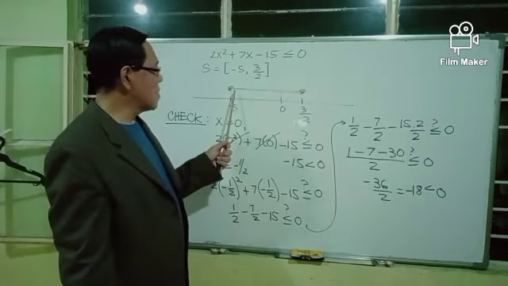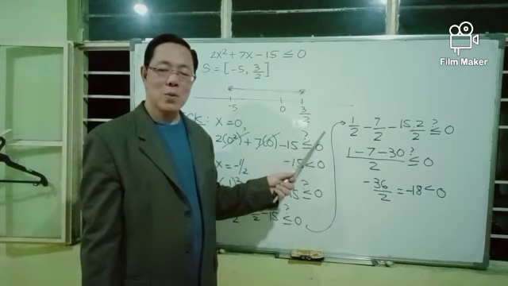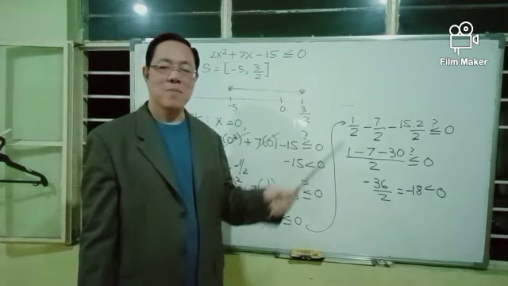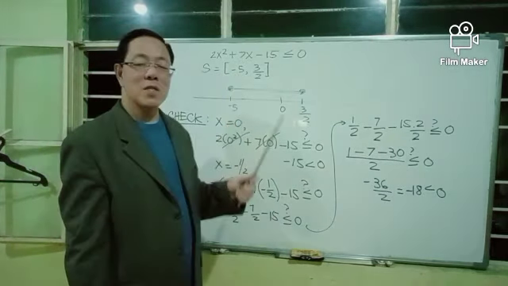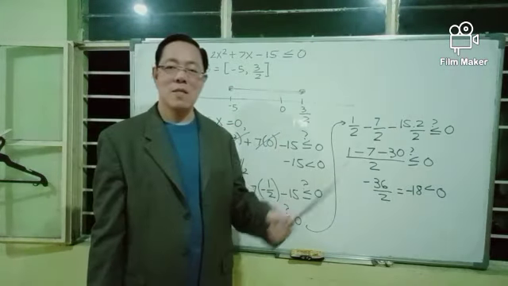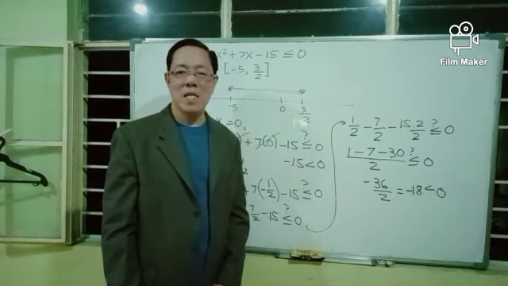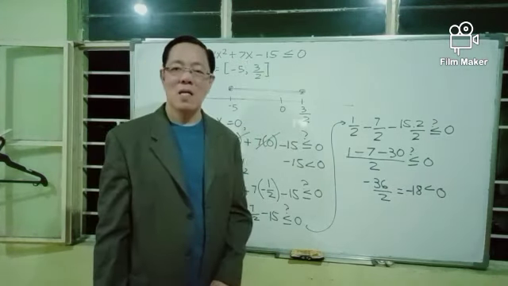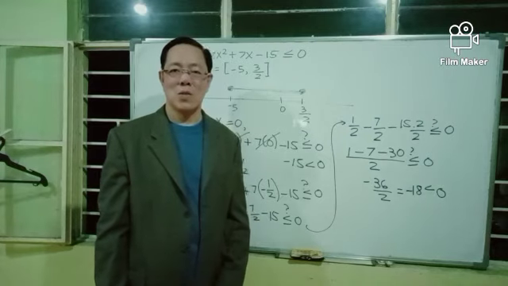Actually, all the real numbers between negative 5 and 3/2 are solutions of this quadratic inequality. And this closed interval representing the solution consists of infinitely many real numbers. That is, this quadratic inequality has infinitely many solutions.